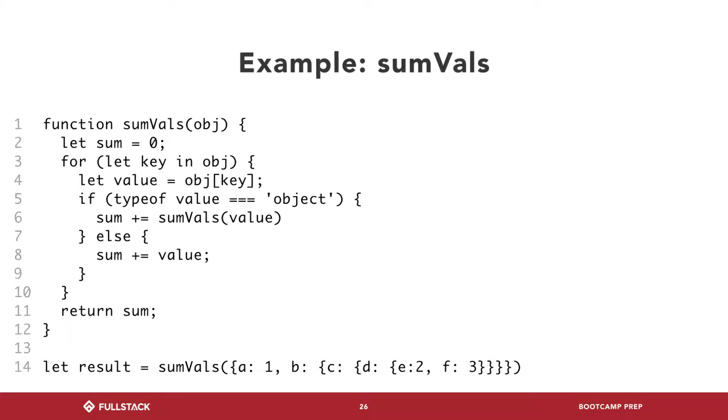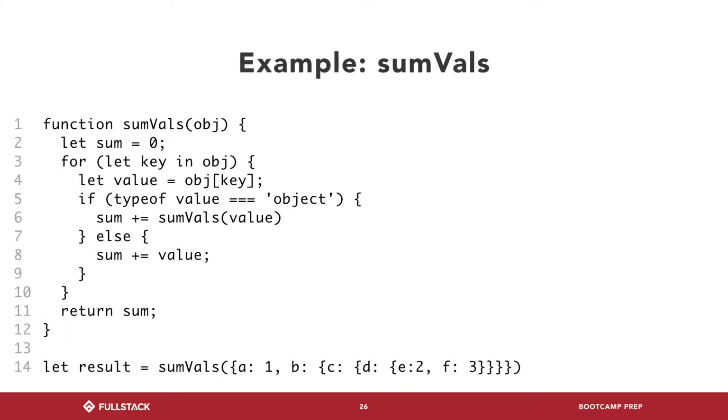Any questions? Conceptually it kind of makes sense too, right? For every value in the object, if it's a number, I'll add it to my sum. If it's an object, I'll call myself recursively to say, here's a new object, do you mind figuring out for me the sum of all the values? All I've really done in this case is build a function that does two things.